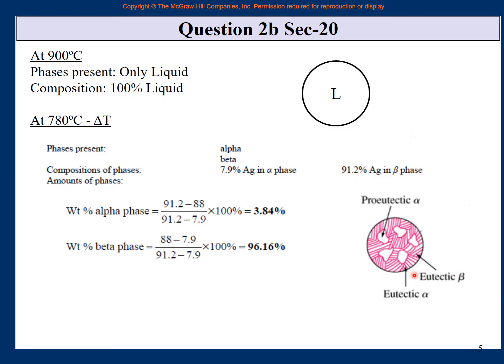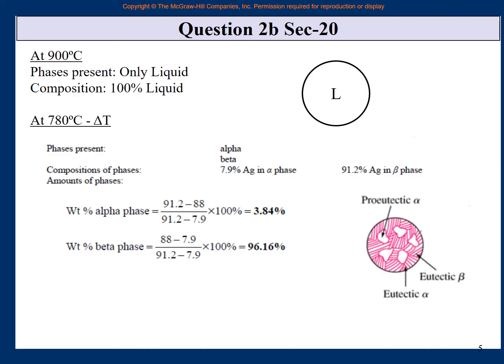So in the diagram, this must be shown: these big chunks which were formed above 780 are pro-eutectic alpha, and the other one is mixed alpha plus beta, eutectic alpha and eutectic beta mixed together. Calculation wise a pretty simple thing, but please don't mind my typo errors, that instead of 80 I write 88 and so on. You should forget about the actual numbers here, but the process, right? So this is it.